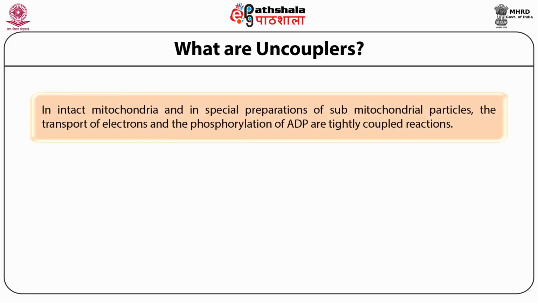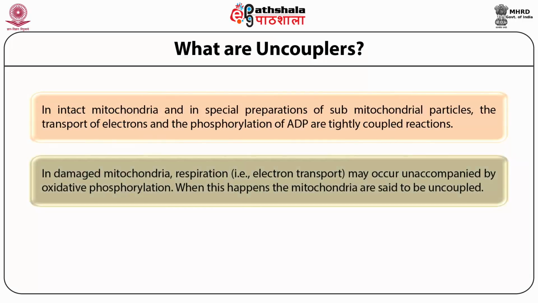In intact mitochondria and in special preparations of submitochondrial particles, the transport of electrons and the phosphorylation of ADP are tightly coupled reactions. Here, my friends, it means that when electrons are getting transferred through the electron carriers, the transport is coupled with the generation of ATP.